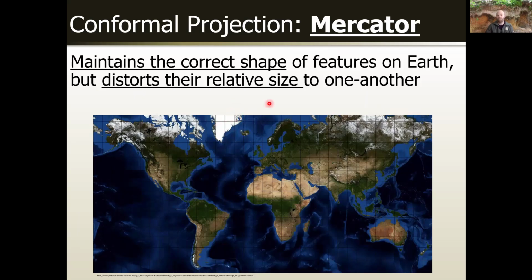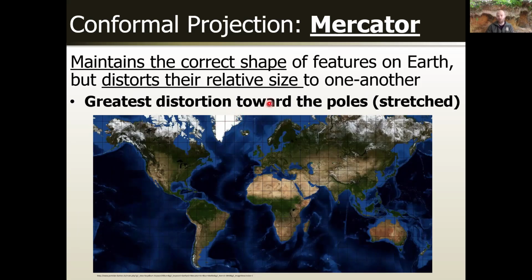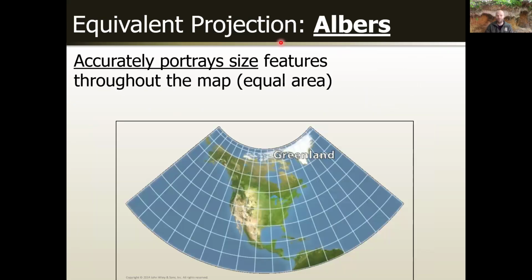This relative amount of distortion is greatest toward the pole, where Greenland has the correct shape, but it looks a lot bigger than it really is relative to locations nearer the equator. So here's the Mercator projection, a really useful and commonly used projection system.